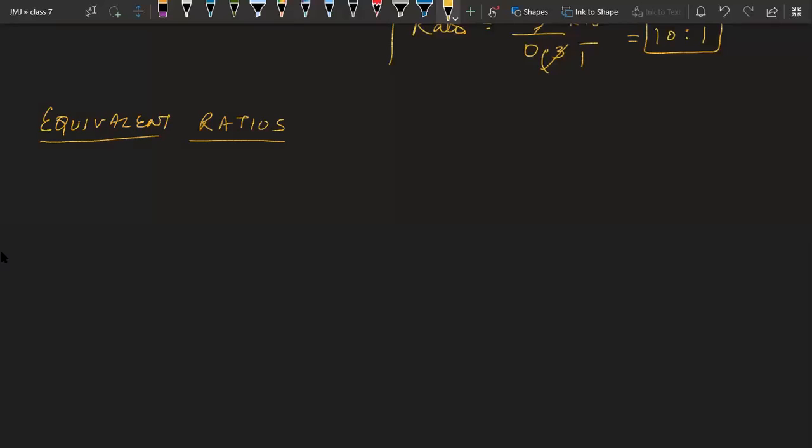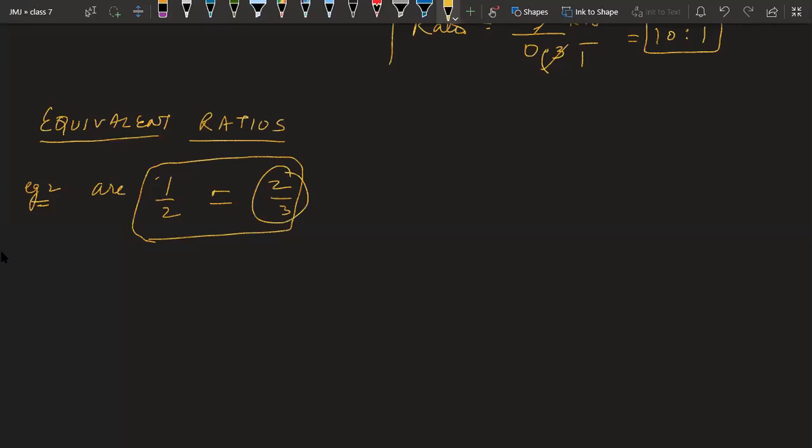So they are asking, example number 2, are 1 by 2 equal to 2 by 3? Please tell class, are these two ratios equal? No, they are not equal, because when you simplify them, you will find that they cannot be simplified further and they are not equal.